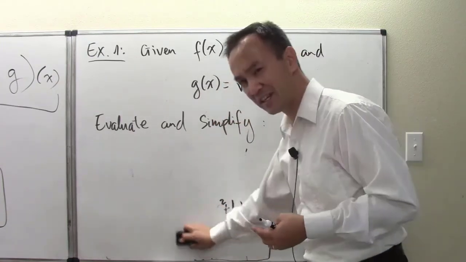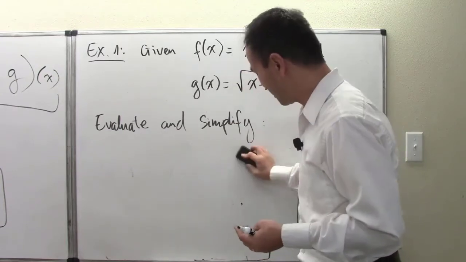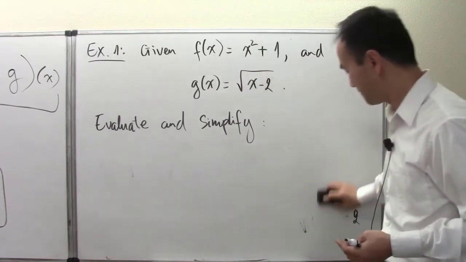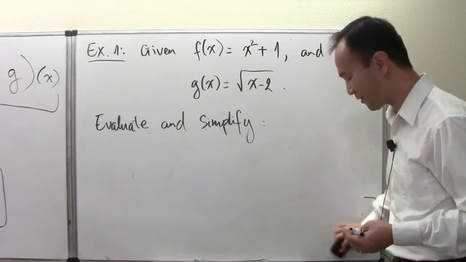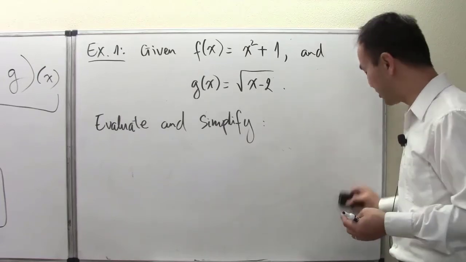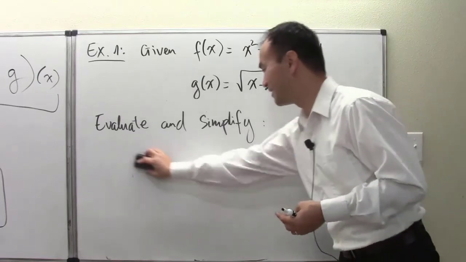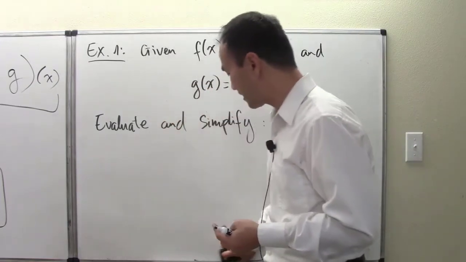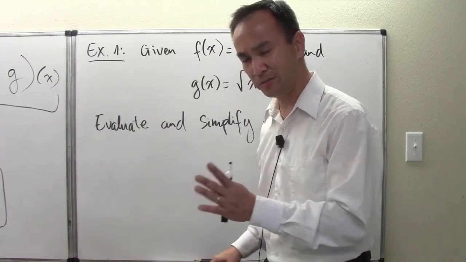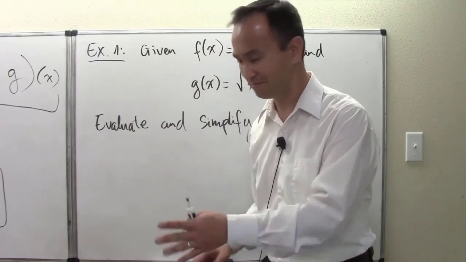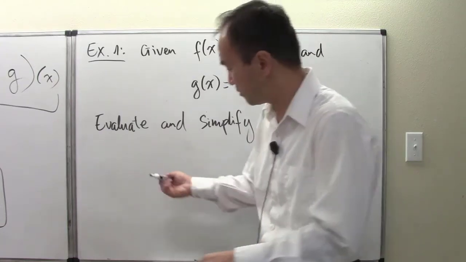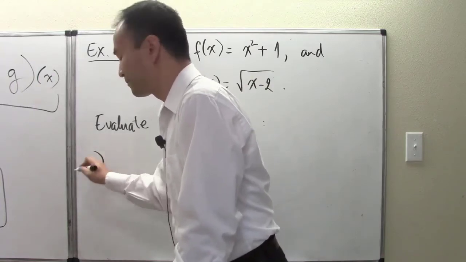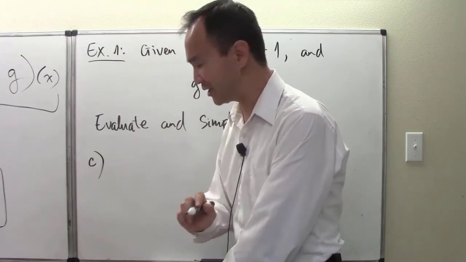Let's see how far these challenges can reach. As I finish writing down the problem, I want you to pause the video if you can. It never hurts to pause the video to think of what I'm asking you to do.